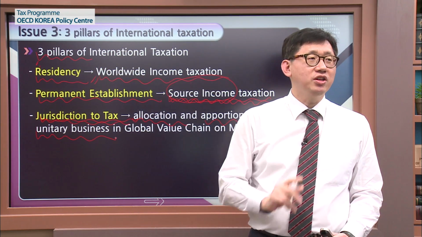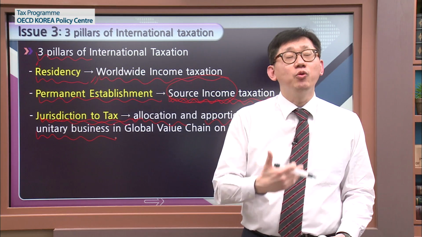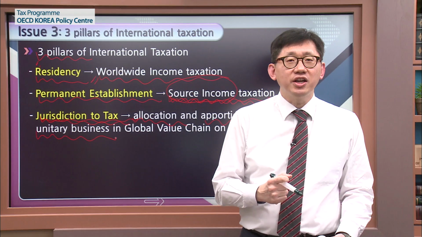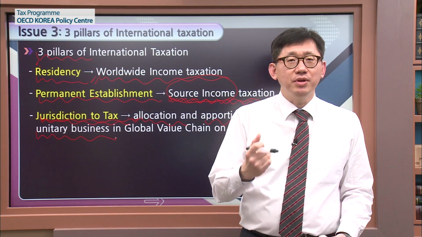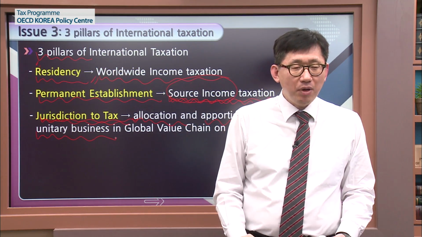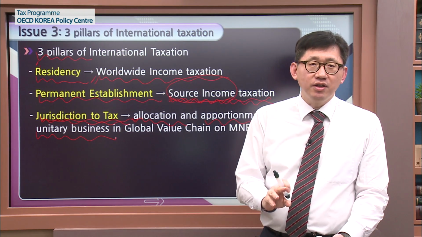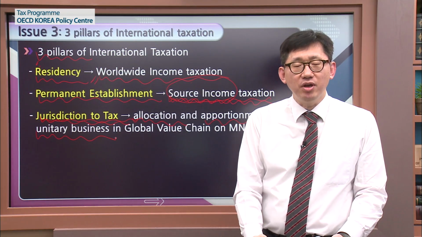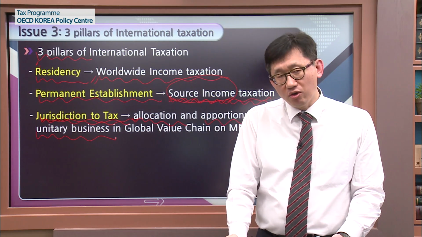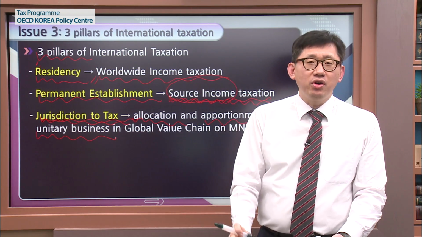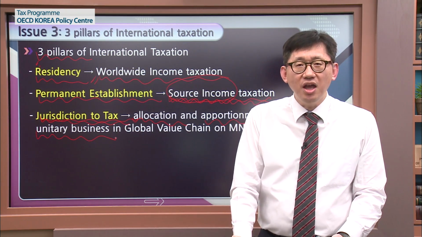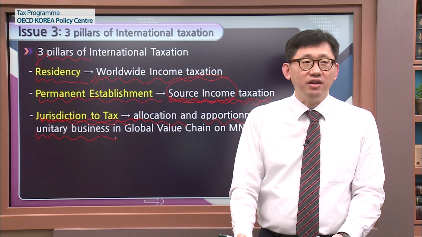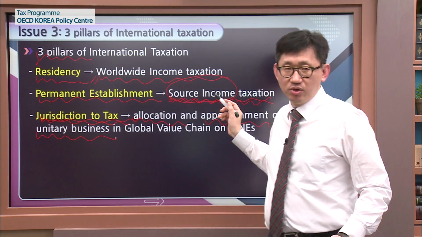First, if a multinational enterprise is classified as a resident of one country, then that resident country's tax authority could require taxation of the multinational enterprise's worldwide income. But when the multinational enterprise is deeply involved in international business by way of international investment and sets up a permanent establishment in the local market, then the local tax authority, the source income tax authority, also requires a taxing right against the source income. That is the permanent establishment concept.